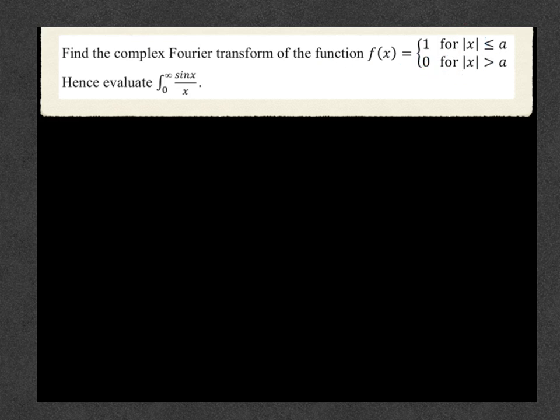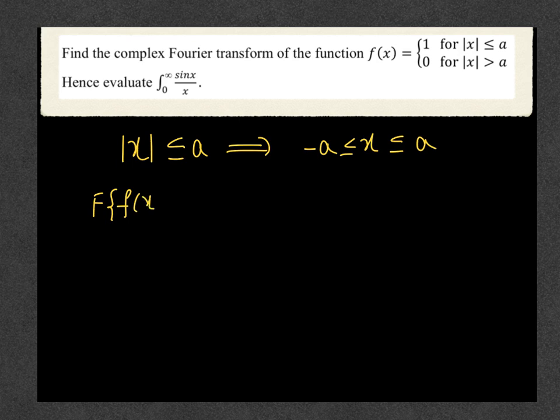Firstly, the interval is given as modulus of x less than or equal to a, which is nothing but x lies between minus a and plus a. So first I am obtaining the Fourier transform of the function. The formula is the integral from minus infinity to infinity of f of x e power iux dx.